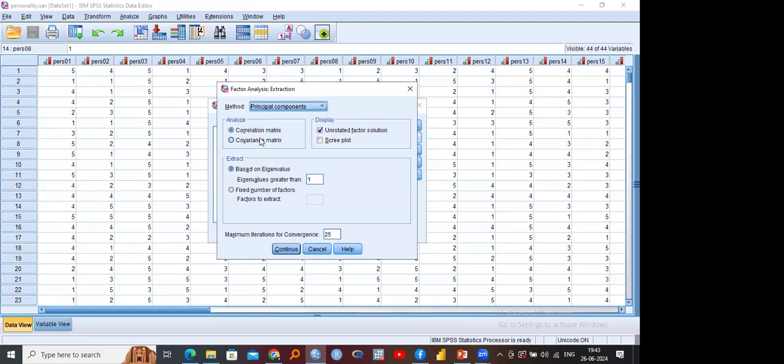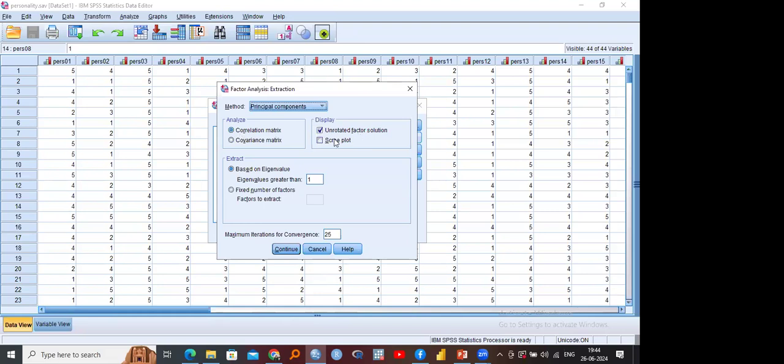It makes the components or factors only on the basis of the fact that they should be highly correlated with each other. So if in the method section principal component is selected, then in analyze, correlation matrix should be selected. By default it is like this, but make sure you are not changing it, right?